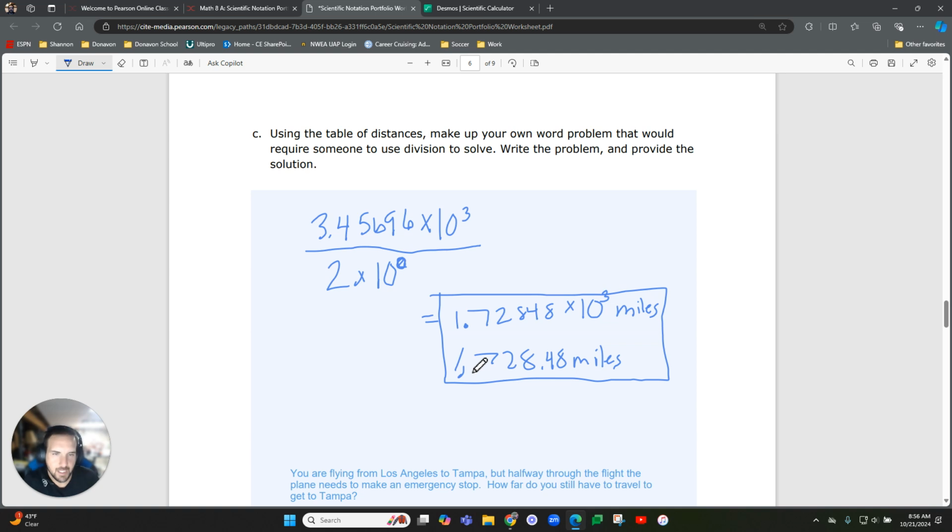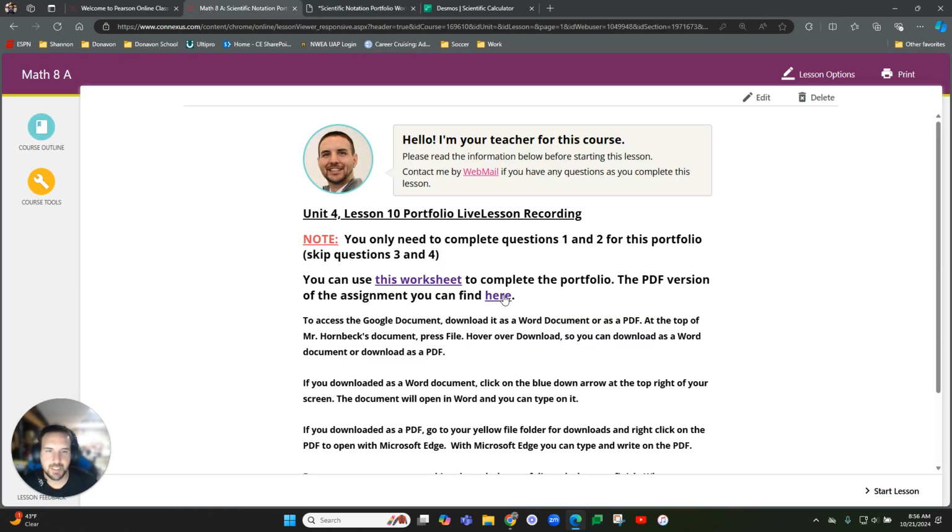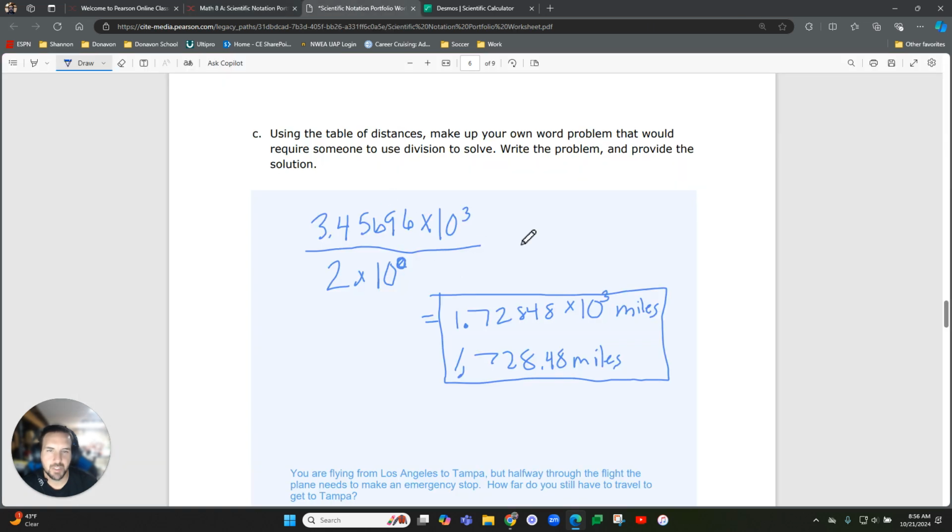And again, just as a reminder, PDF is probably the easiest way to do it, and if you click here, that'll give you the PDF that you can just type into. If you open it up in Microsoft Edge specifically, which is this icon right here, then you will be able to draw on it as well.